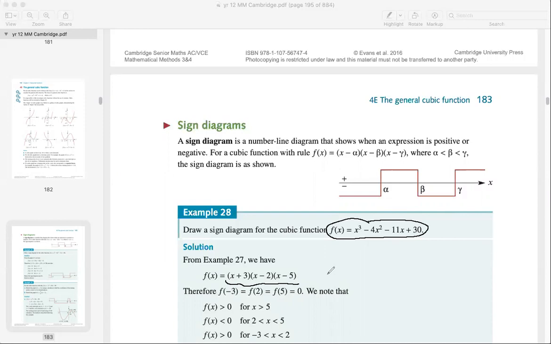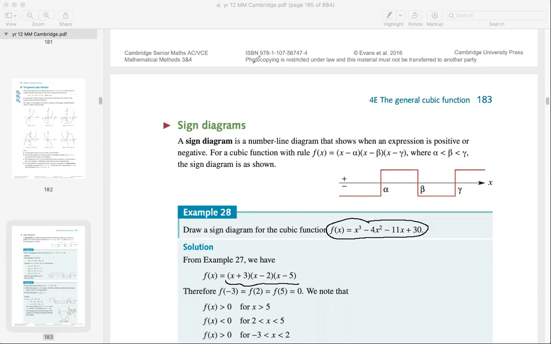Again, this uses the things we learned in 4D, like the factor theorem, the rational root theorem or remainder theorem, but in this case we use the factor theorem. We need to test whether some integers are solutions of our function. So let's try plus or minus 1, plus or minus 2, plus or minus 3, plus or minus 5, something like that.